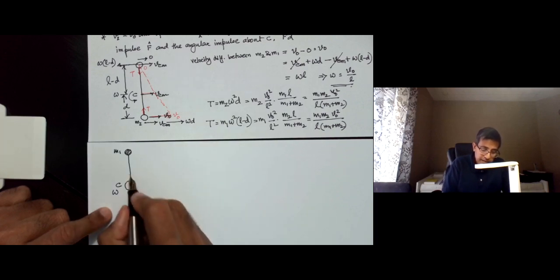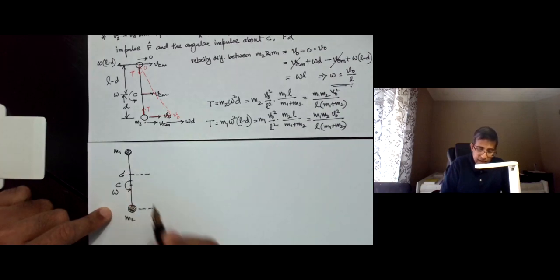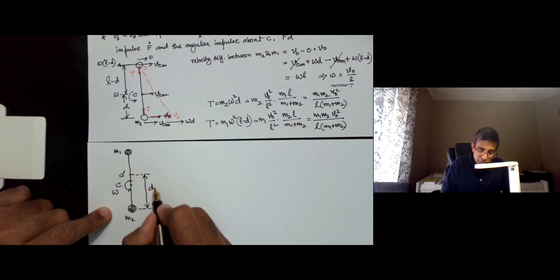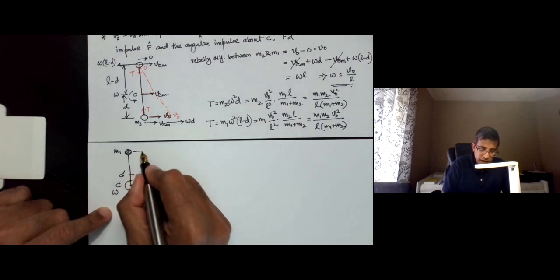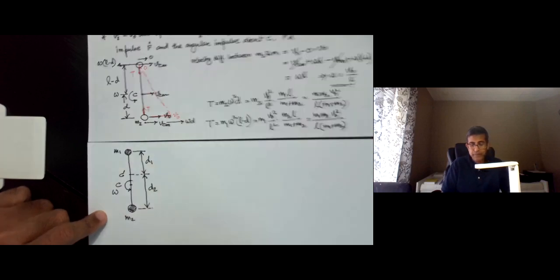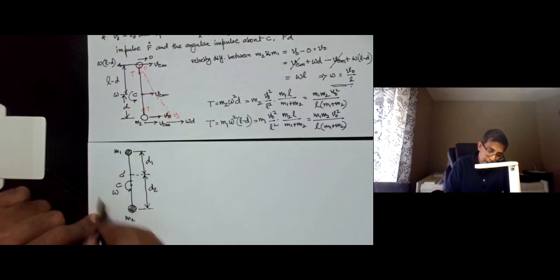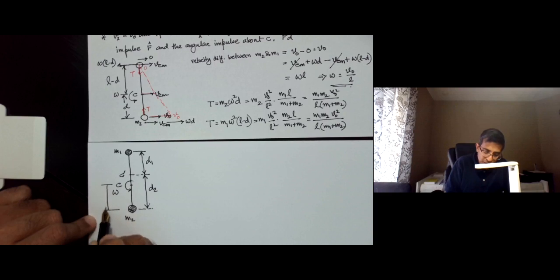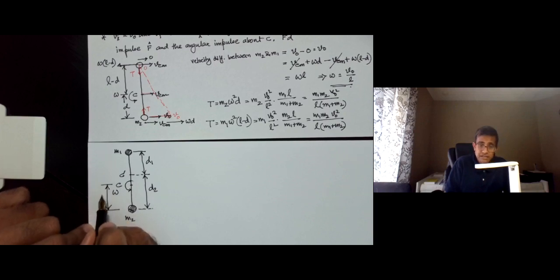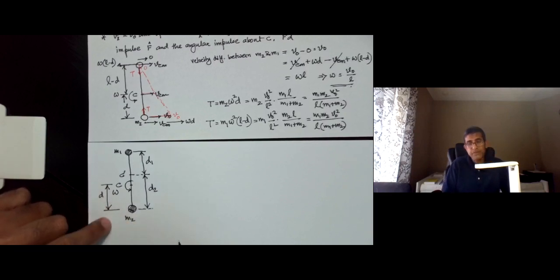So we can take some arbitrary point, let's say C prime, and say that C prime is at a distance of D2 from M2 and a distance of D1 from M1. We understand that the actual center of mass is at a distance of D from M2.